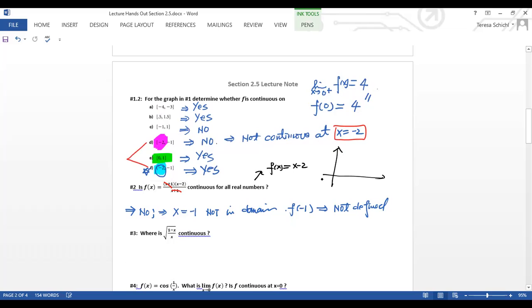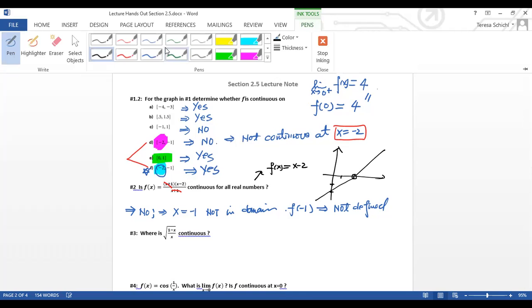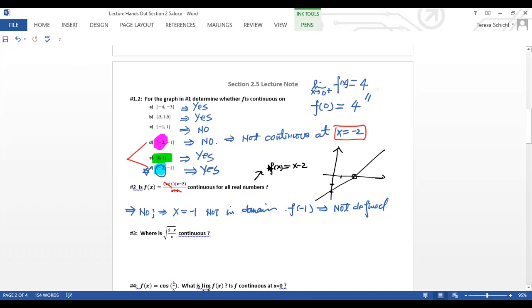Okay, so let's see here. For these functions, I know this is the line, but if you just draw f of x equal to x minus 2, it will just be a line like this. But if you draw the original f of x here, did you see what happens?